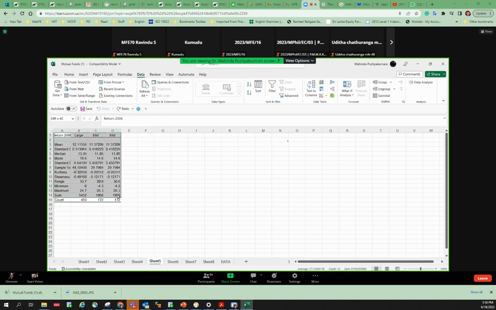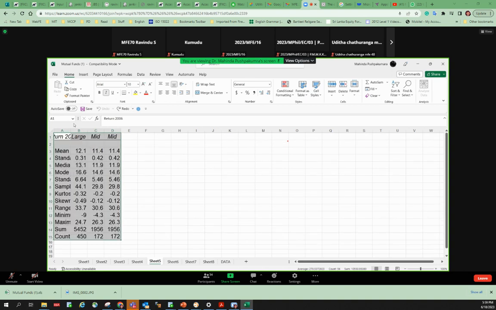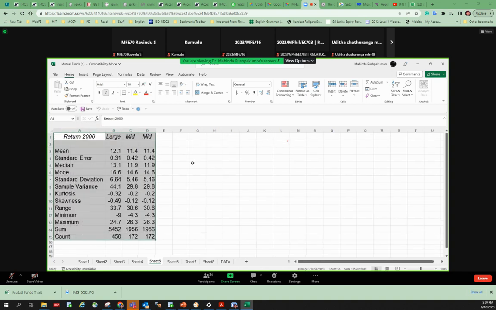Then you can make a comparison between these three. Then again, you can decide in which funds you are going to invest, whether in the large one, medium, or small one. Which one are you going to invest in?